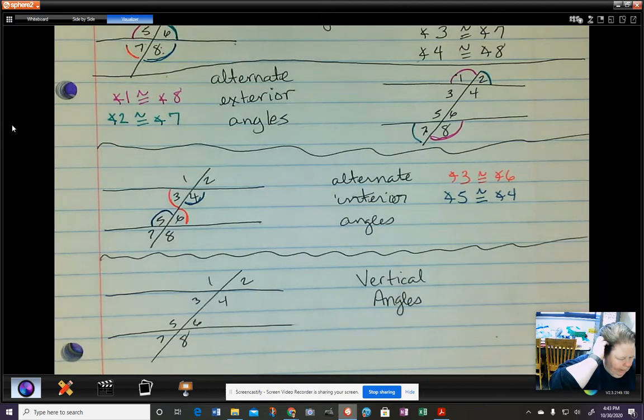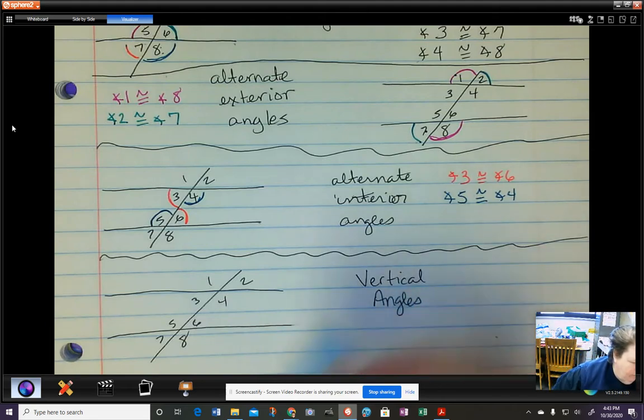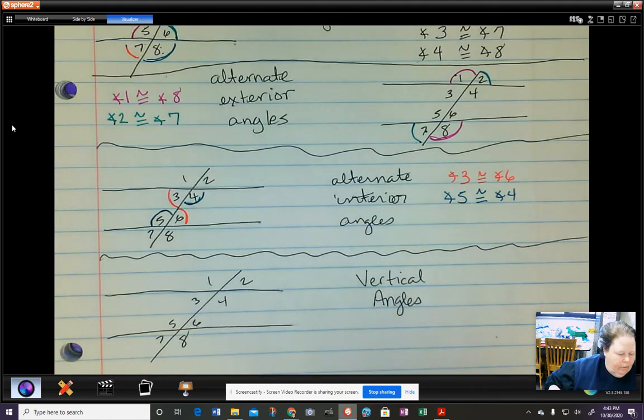And I'm not going to highlight all of these. I can. There's 1, 2, 3, 4 pairs. So we can. Okay, vertical angles. Think of a V or an X. The top part and the bottom part are congruent, and the sides are congruent.